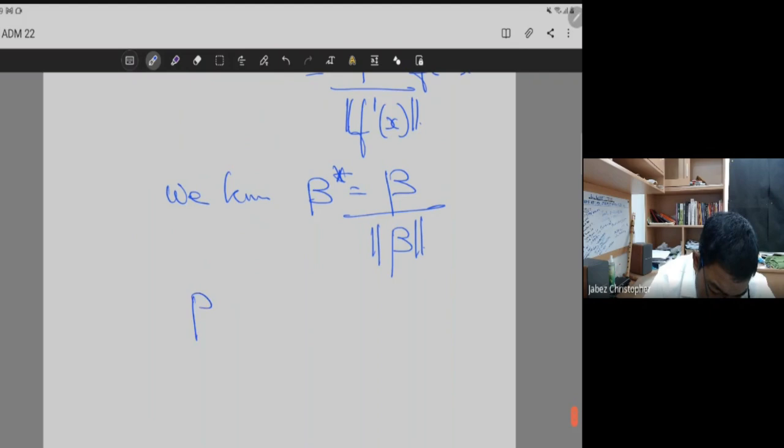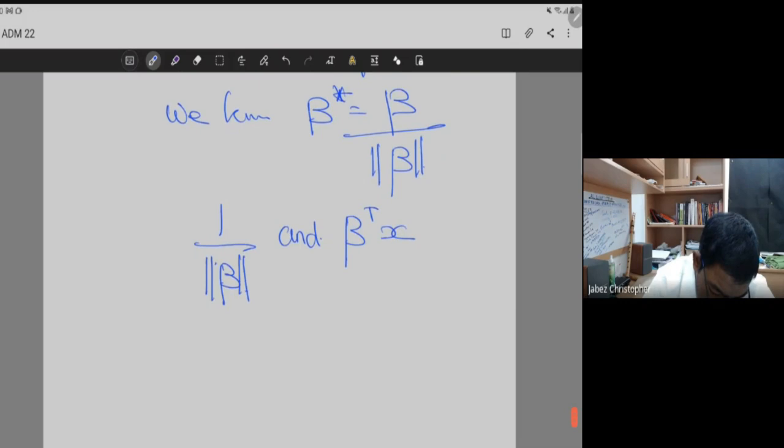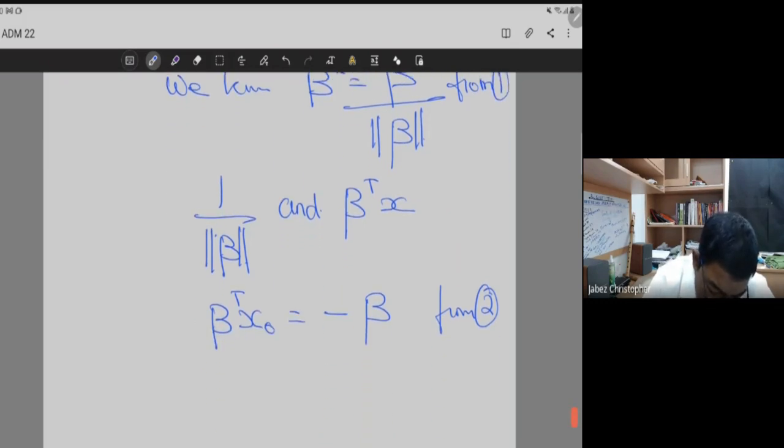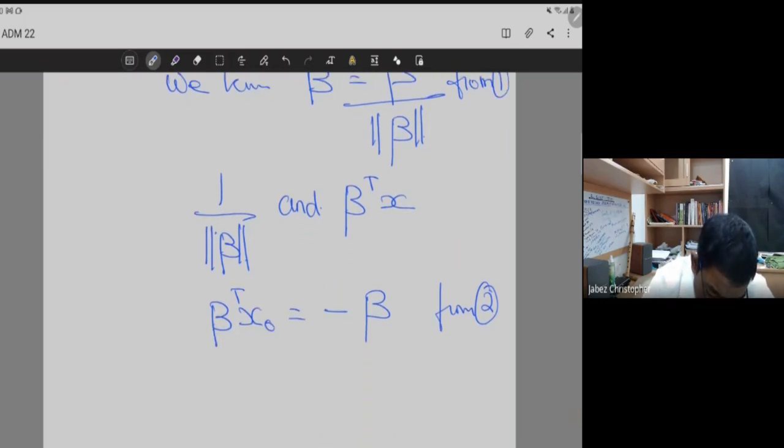So we get, and also we get beta transpose of x naught equal to minus beta. This is from 2. This is from 1, minus beta from 2.